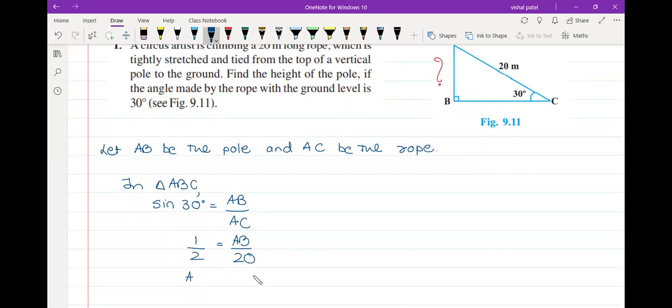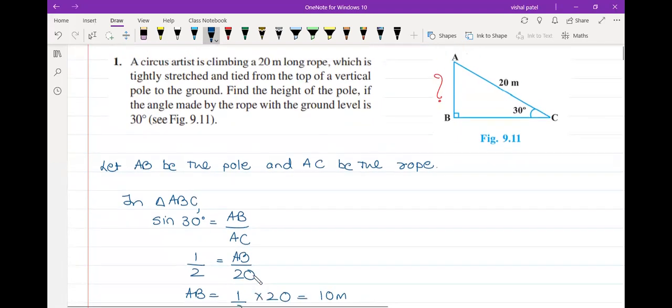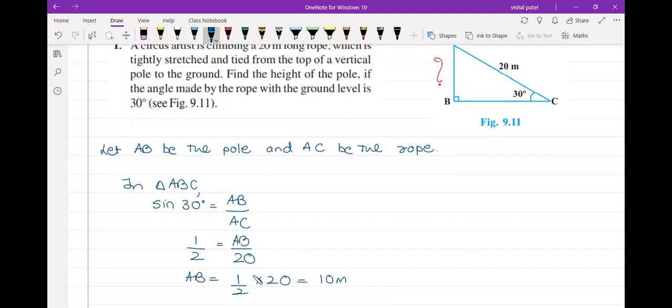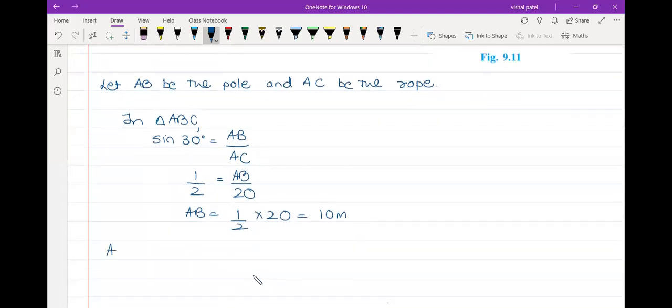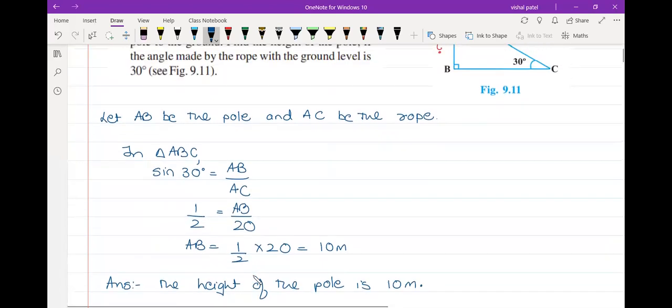If I cross multiply, I'll get AB as half of 20, that is 10 meters. If you see the figure, students, I got the value of AB and your sum is over. The height of the pole is 10 meters. Done. The sum is over.